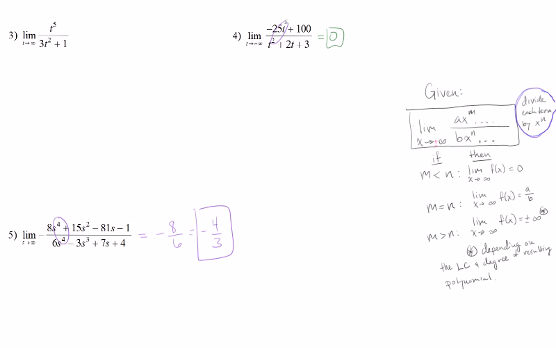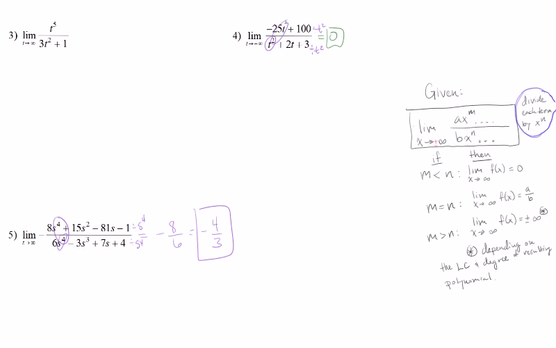So in this case we'd be dividing everything by s to the 4th on top and bottom. Here we'd be dividing everything by t squared, because that's the largest exponent combo in the denominator.